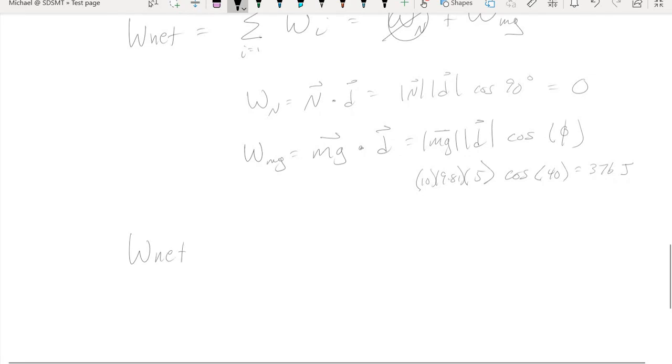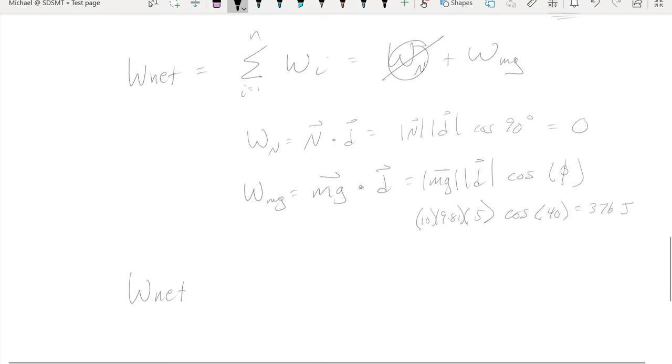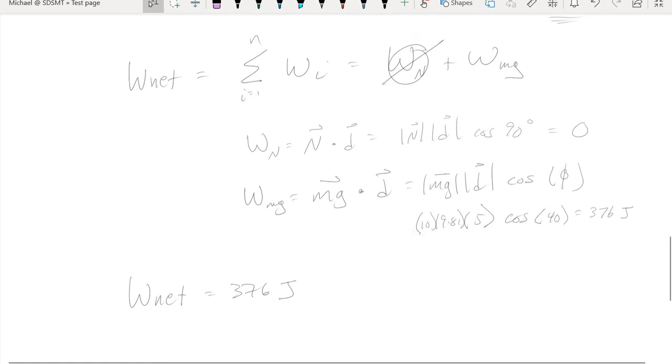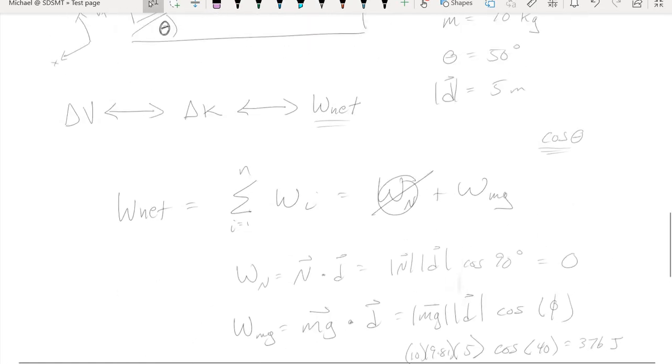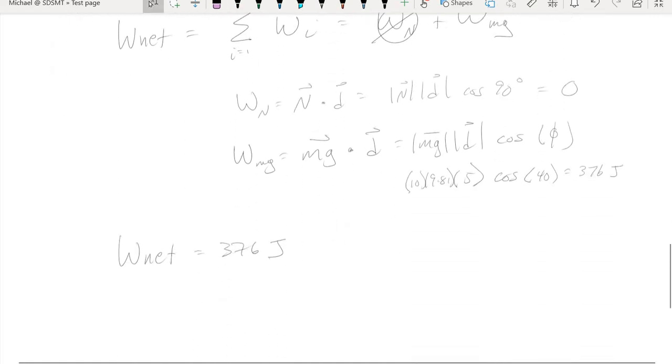The net work is the combination of work done by the normal force, 0, plus work done by gravity, 376. Now that we have the net work, we can relate the net work to a change in kinetic energy. Change in kinetic energy, final minus initial.